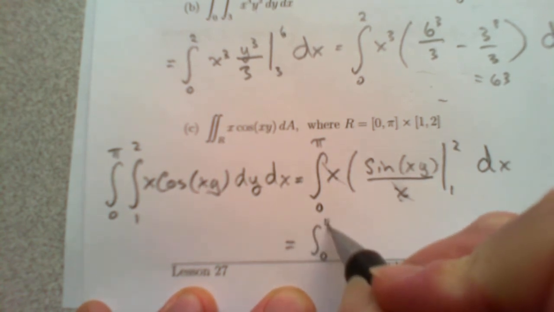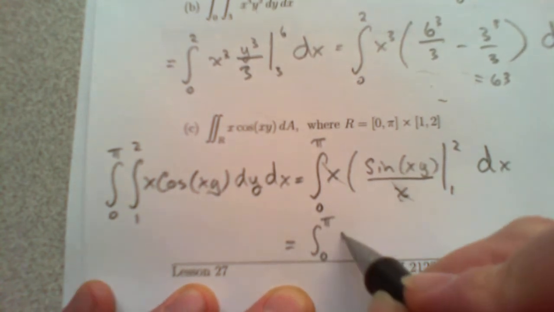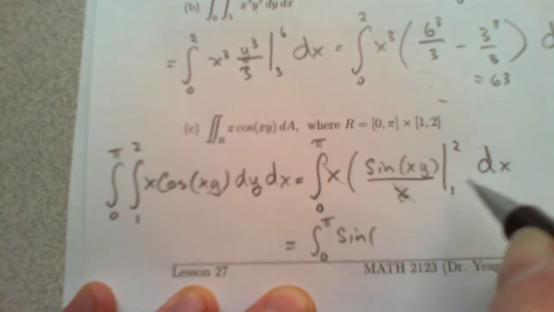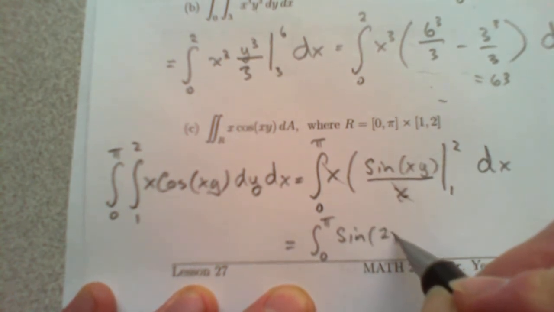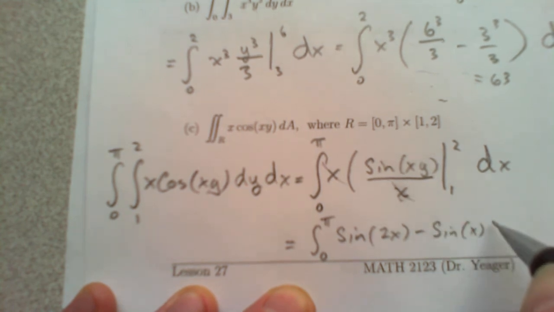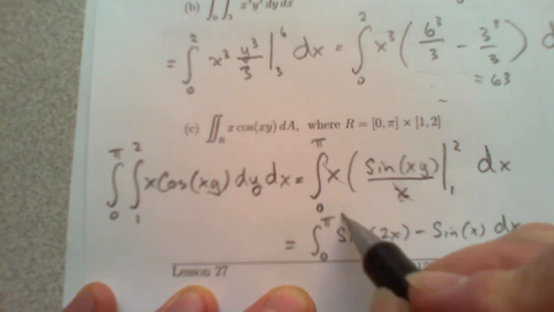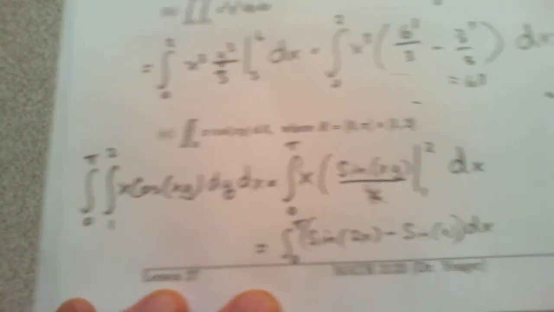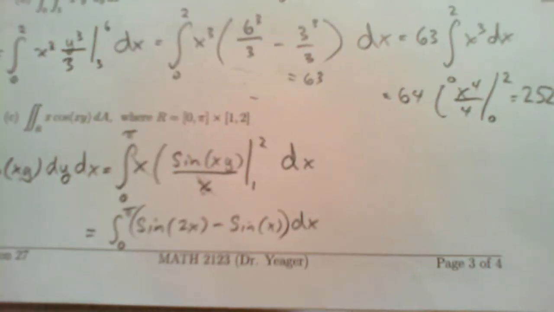Integral from 0 to pi, now, of sine of 2x minus sine of x dx. Now we just have two Calc 1 integrals.